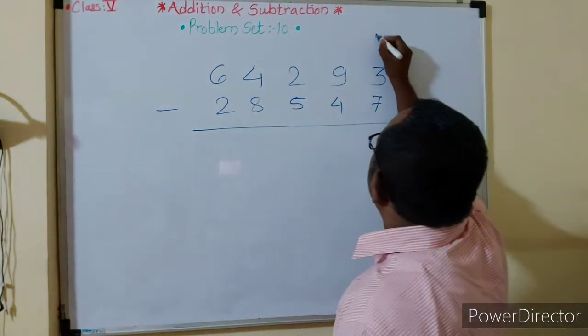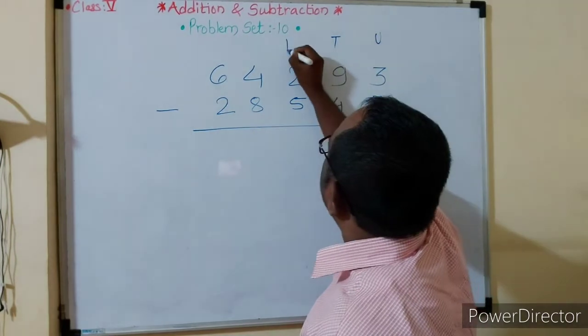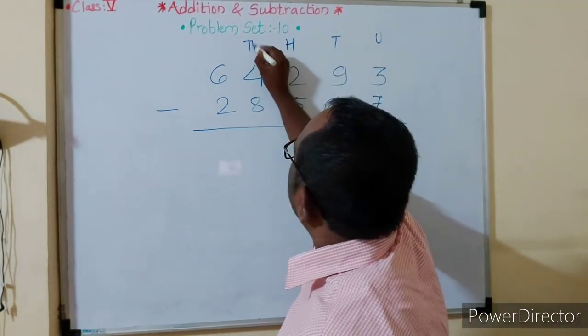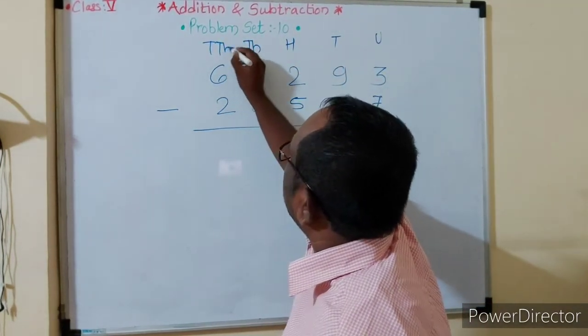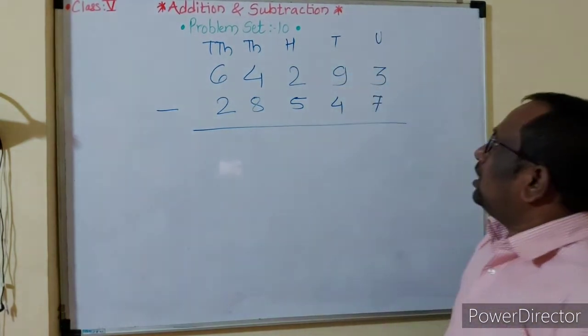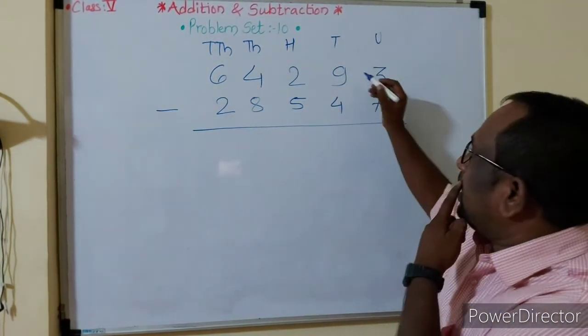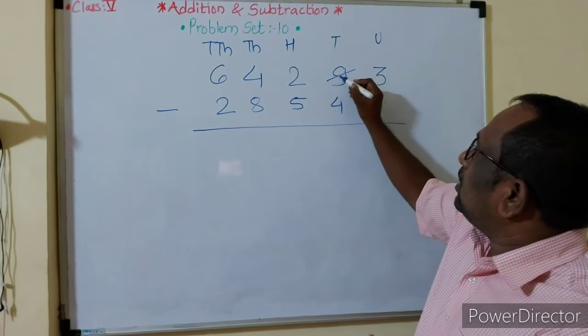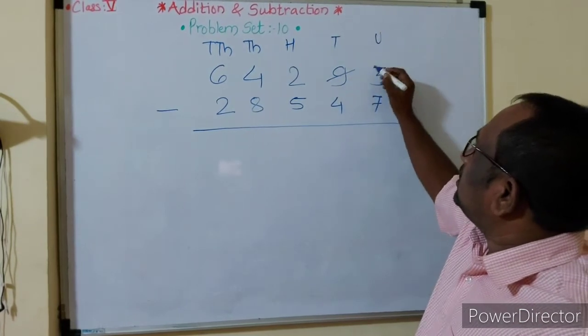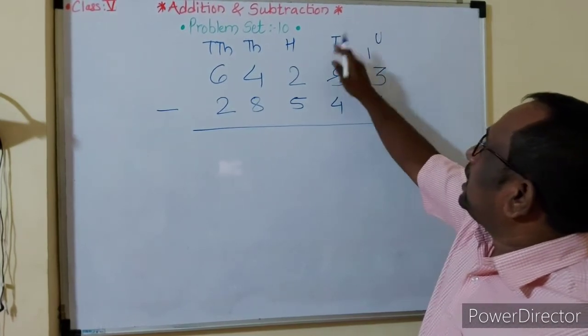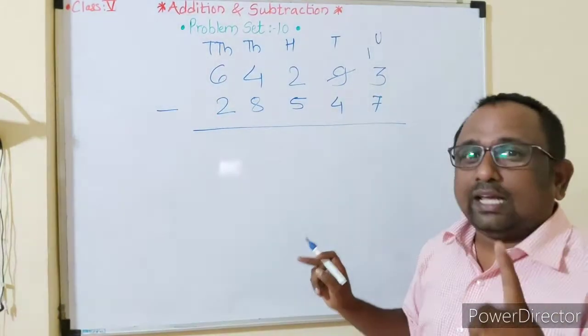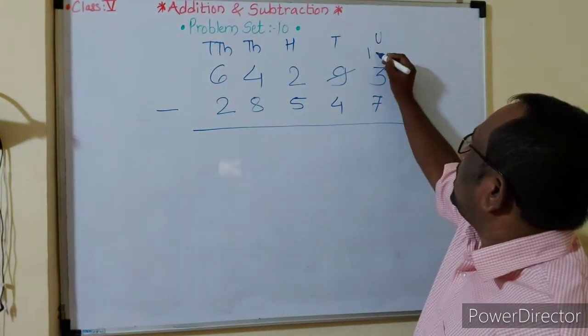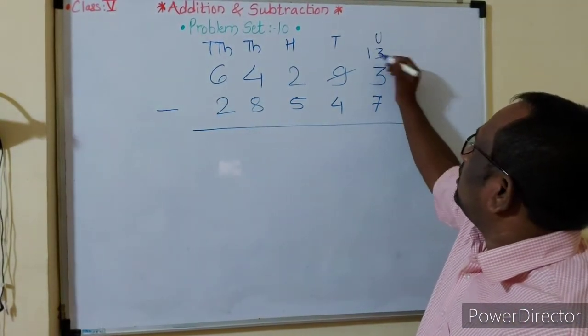See here: unit place, tens place, hundreds, thousands and ten thousands. So we move to the tens place. Cut this 9. We borrow 1 from the tens place, so 1 comes here. That 1 means 10, and 10 plus 3 is 13.